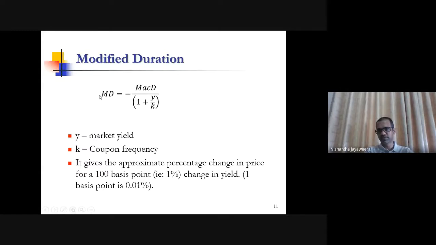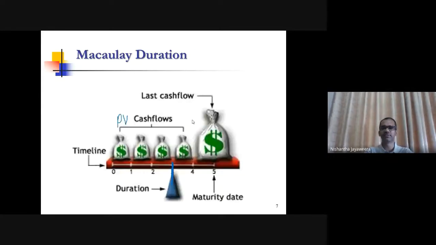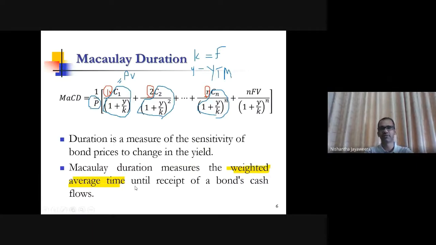Now, the interpretation of modified duration is easy and makes some sense. In the duration, we just said it's the time weighted average of time. You won't feel anything, most probably. When it says weighted average of time, what is it?